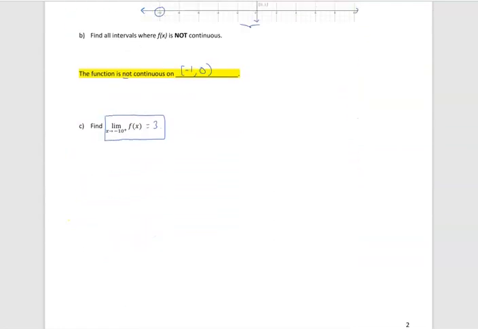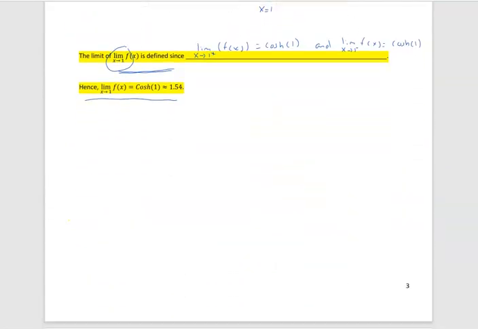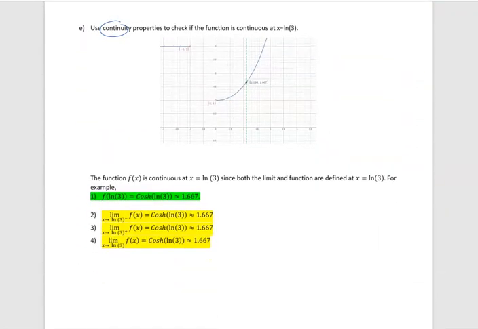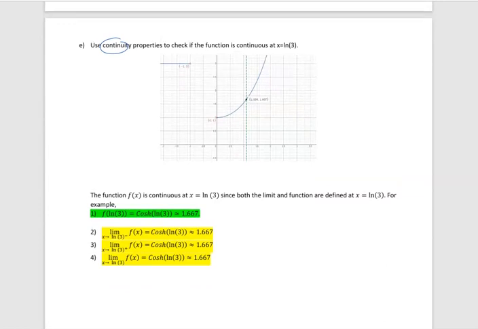For this one, we're only missing one portion, and let me display it again. So the function is continuous since both the limits of the function are defined, and you technically have that f of ln of 3 is equal to the cosh of 3, and this is equal to the limit.